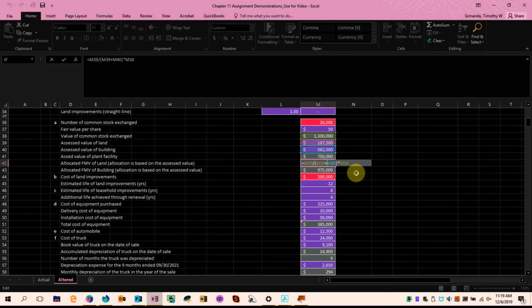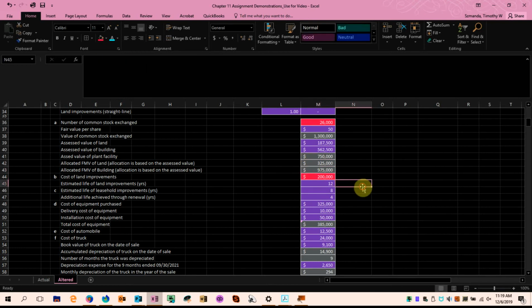Then that fraction is multiplied by the 1.3 million. So 1.3 million times 187.5 divided by the sum of 187.5 and 562.5 will give me the amount of the 1.3 million to allocate to the land, and I just repeated that process for the cost of the building.